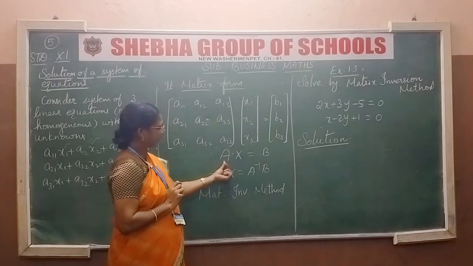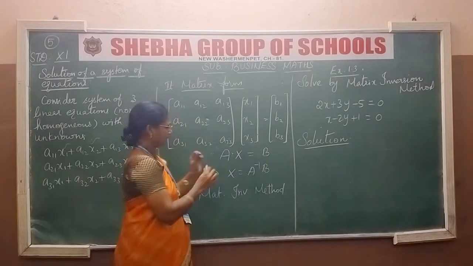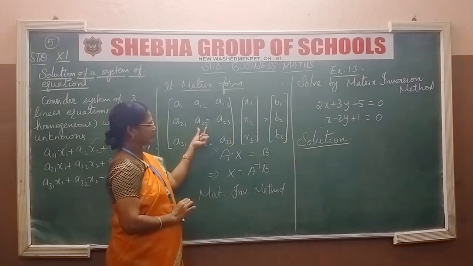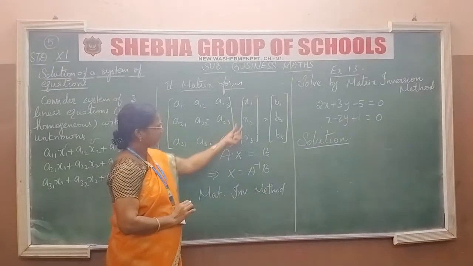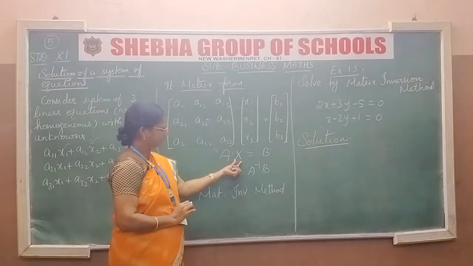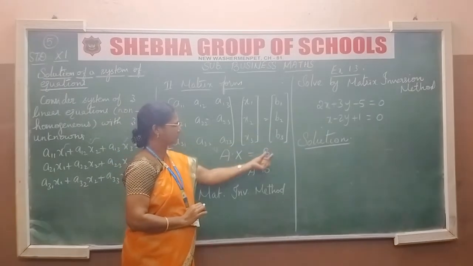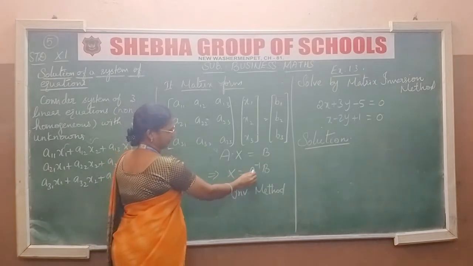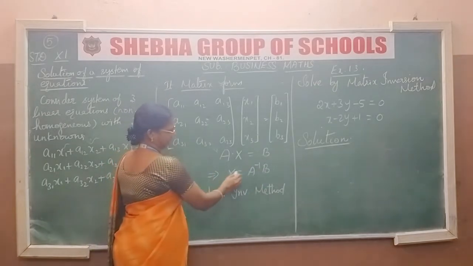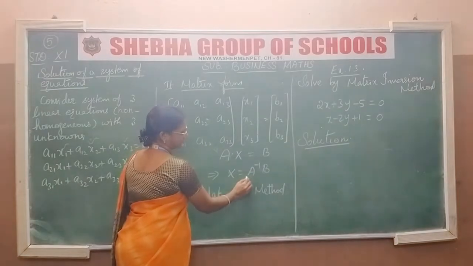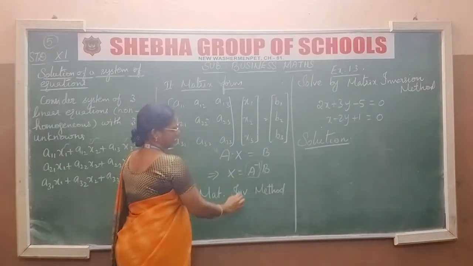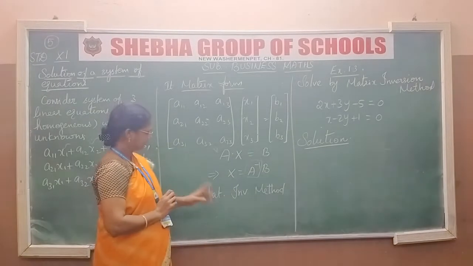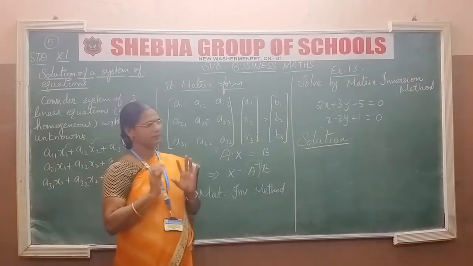This is written as AX equal to B. Here this is the coefficient matrix A, the variable column is denoted by capital X and the constant column is denoted by capital B. Which implies X is equal to A inverse B. For that, first find A inverse and then multiply with B. We get X. This is our matrix inversion method.